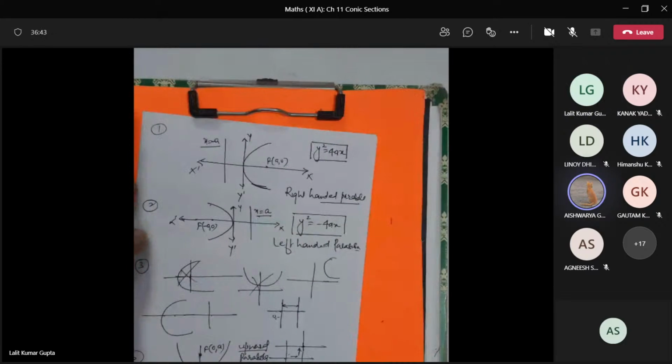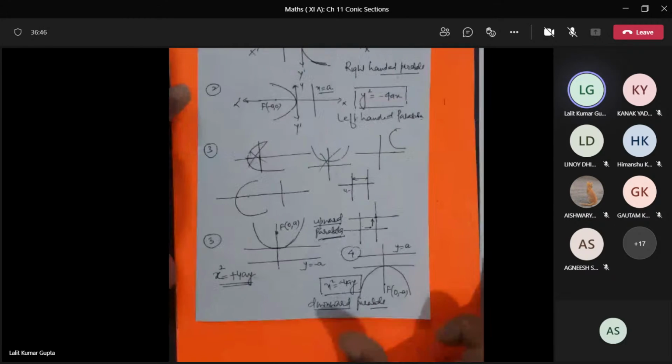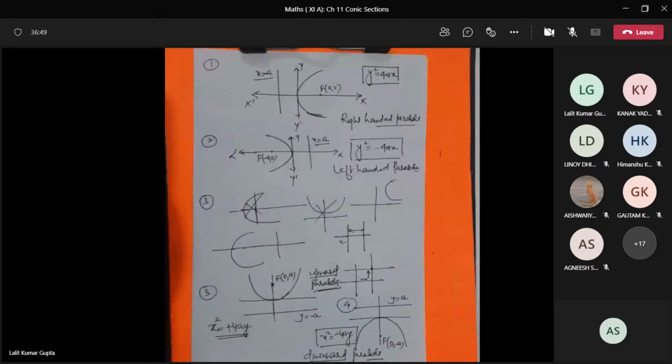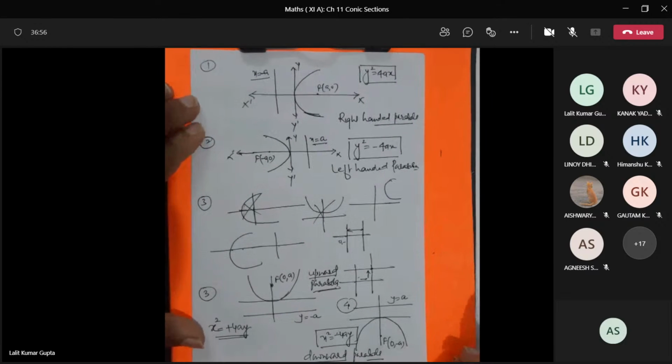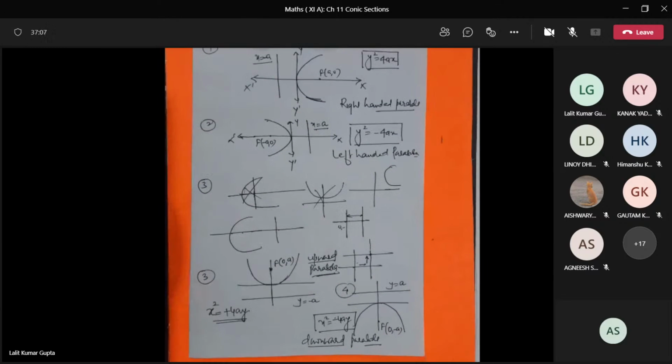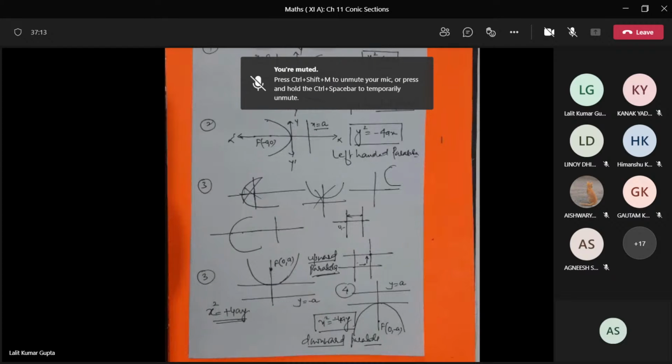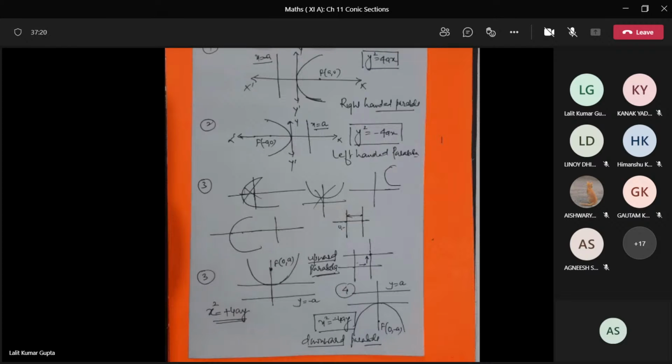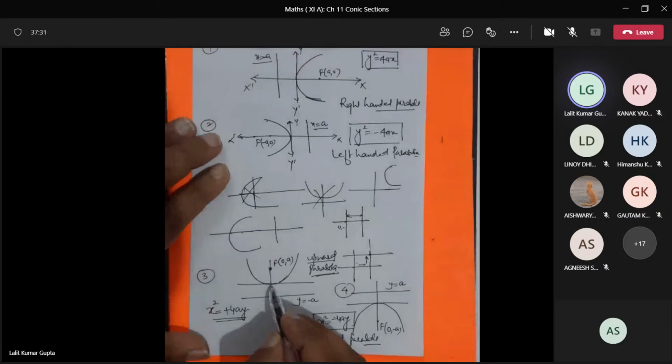So we have, yes beta. The intersection of parabola and the axis is known as what?